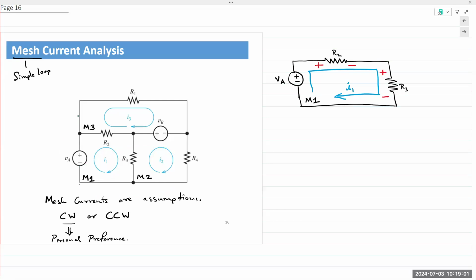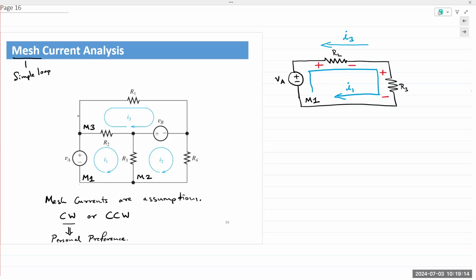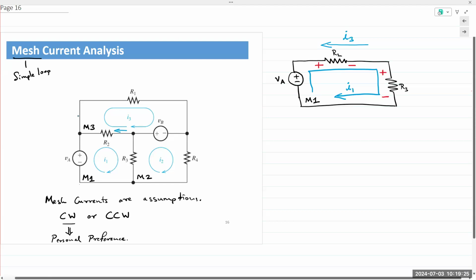And so R2 has I3 coming from the right. Again, that current direction is due to the assumption we made at the beginning of our analysis. I3 is clockwise, meaning it is coming into R2 from the right.